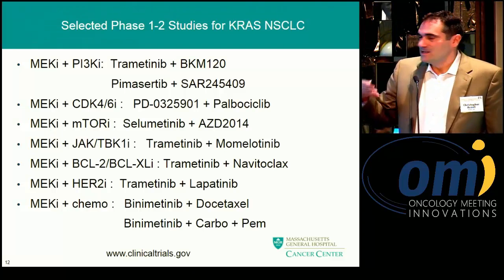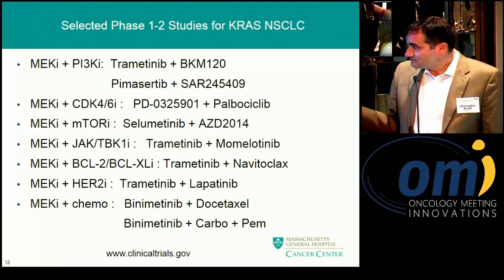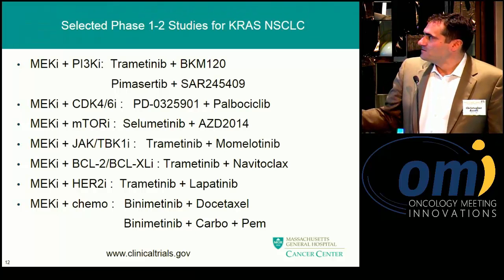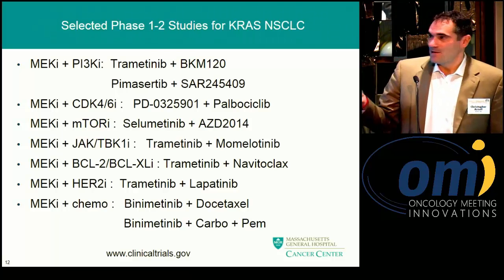And these are really neat designs for KRAS mutant lung cancer. But there's so many of them, and there's a lot of phase 1 data, and I'm not sure which of these is going to come out on top.